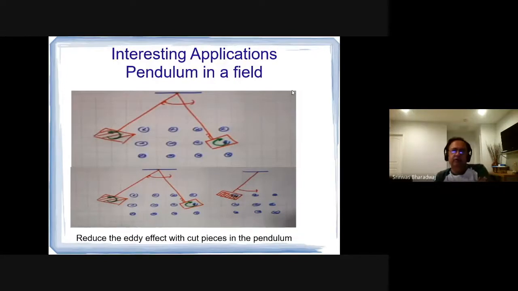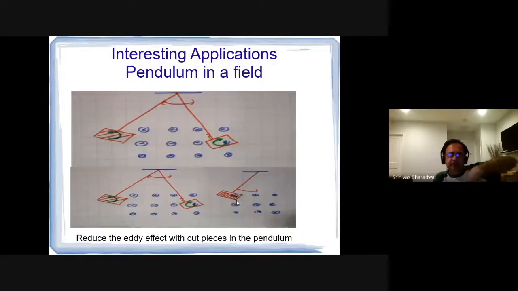Now here's an interesting application. There is a pendulum in a field. In order to reduce the eddy currents, they cut up the pendulum into a sawtooth shape, and with the sawtooth pendulum there are lesser eddy currents, therefore you have more conservation of the energy produced by moving the pendulum back and forth in the magnetic field.